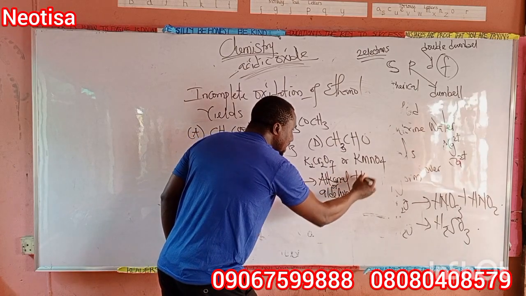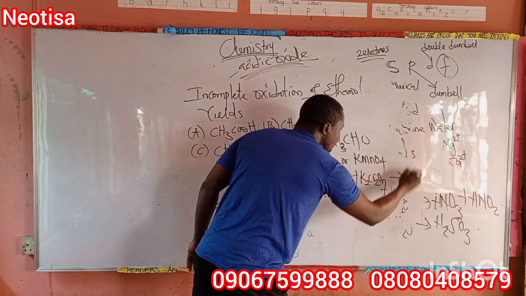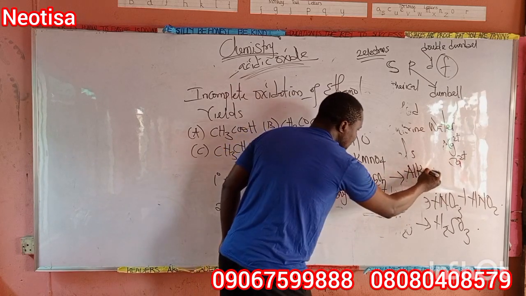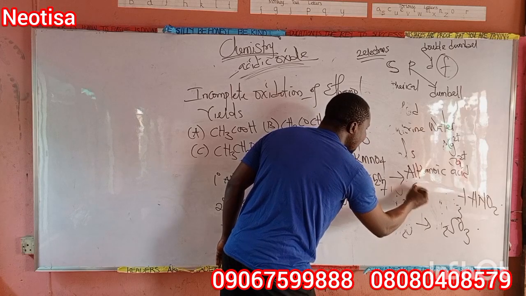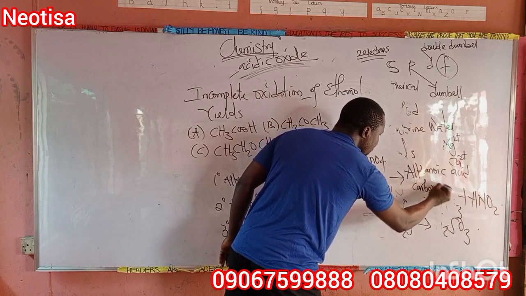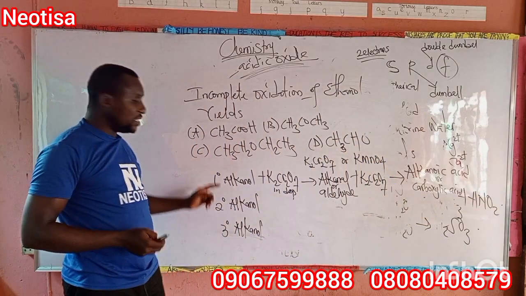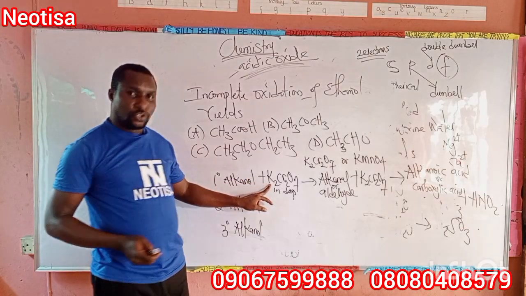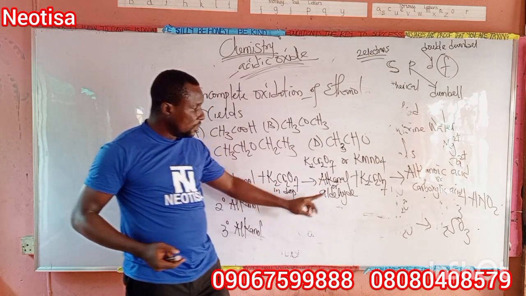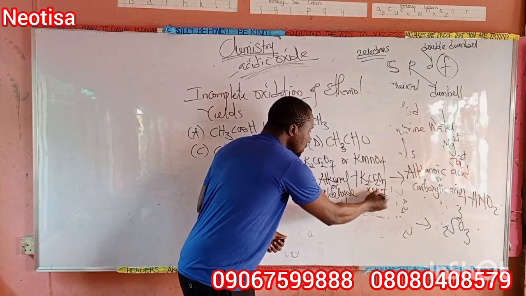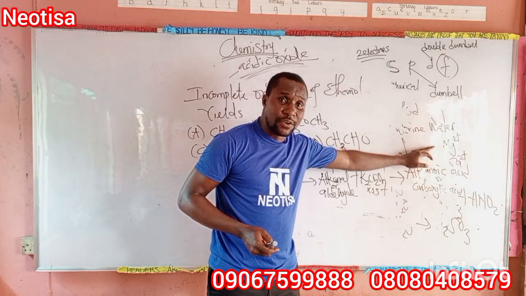With excess K2Cr2O7, you will have alkanoic acid, also called carboxylic acid.